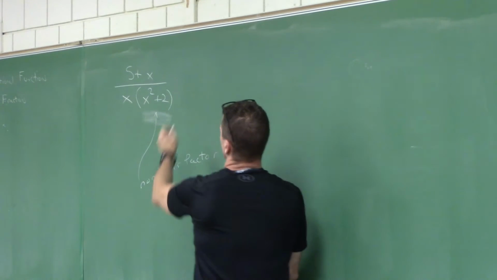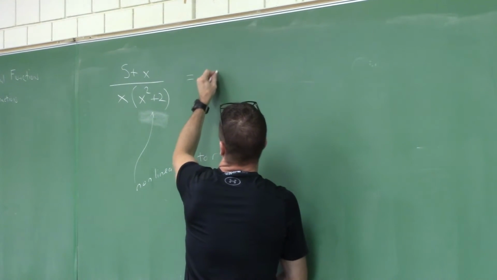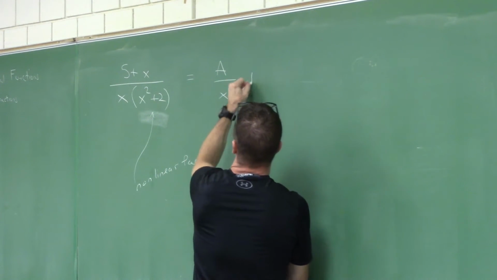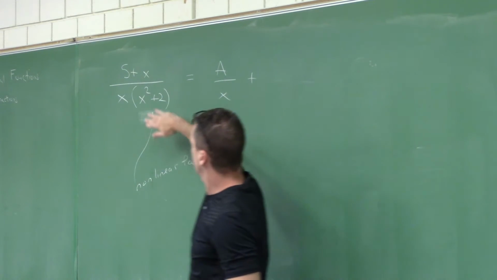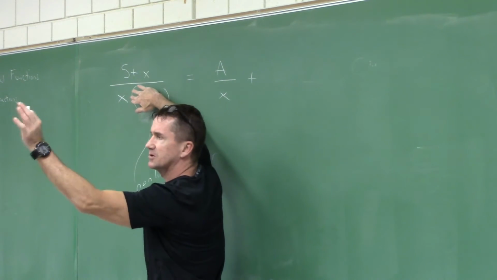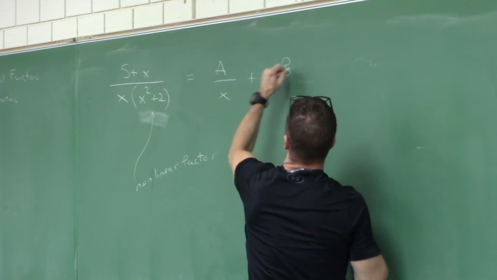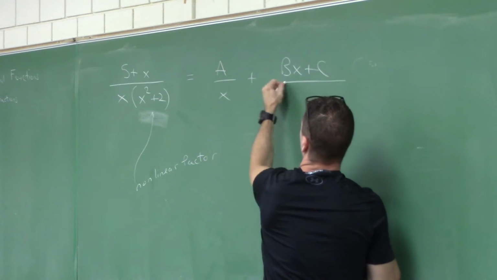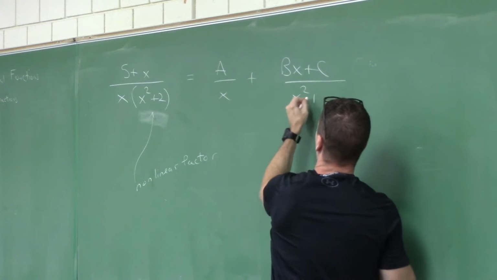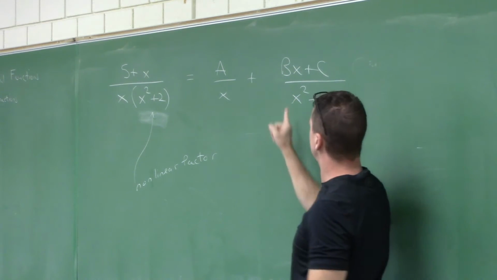Well, let's first take care of the linear factor. A over x. Is everyone okay with that? And again, we're ignoring that numerator. This is how you set it up for a non-linear factor.